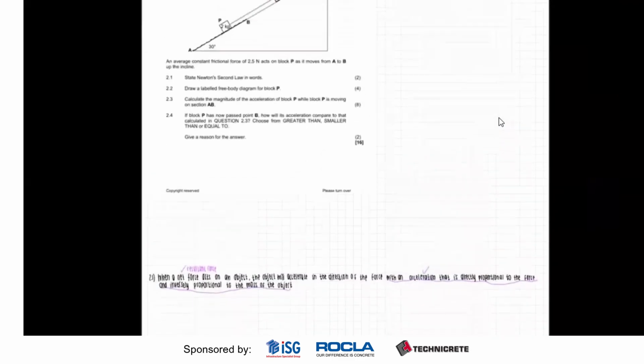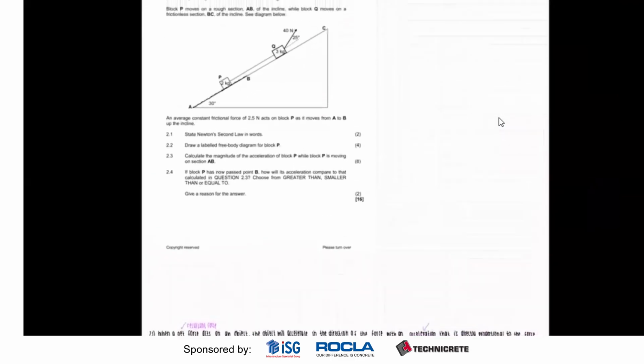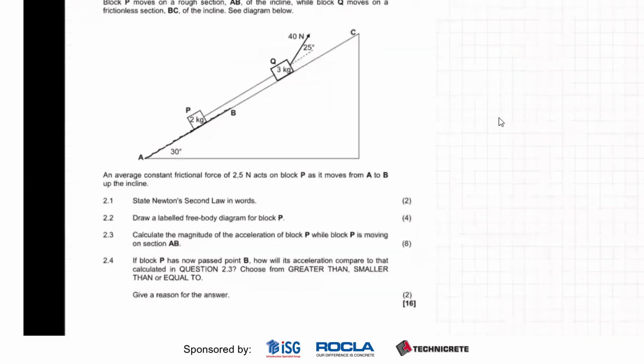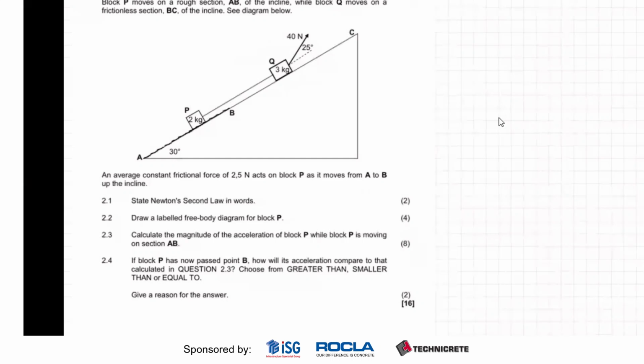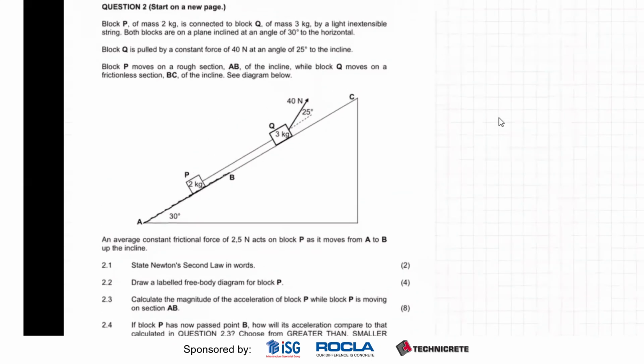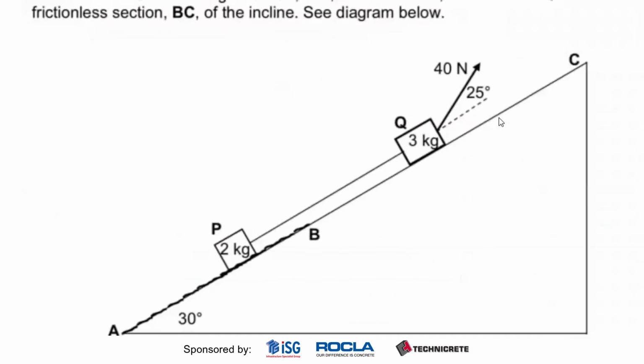The next question is they're asking us to draw a labeled free body diagram for block P. First of all, before we do that, let's analyze and look at block P and all the forces that are acting on it at the moment. Okay, so the first force that we have is for every single thing, gravity acts on it. Gravity acts straight down.